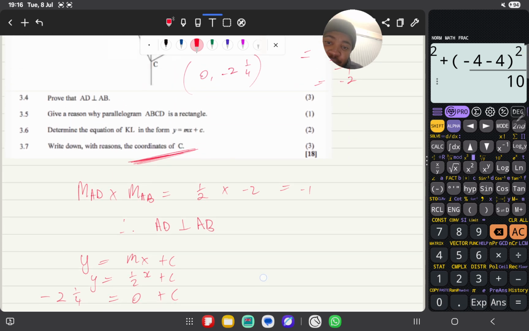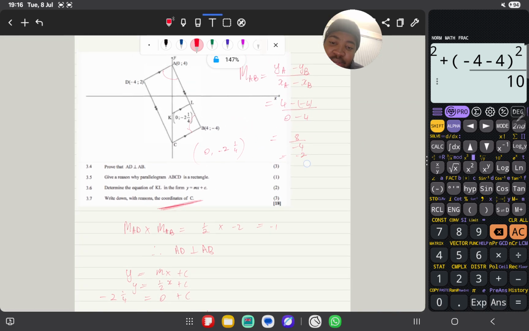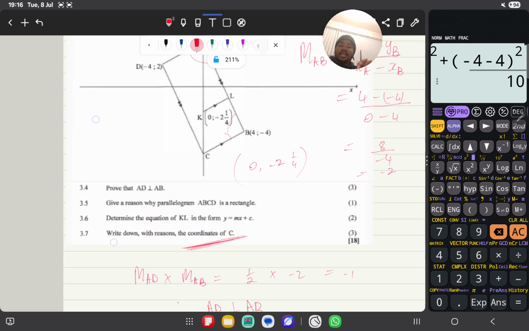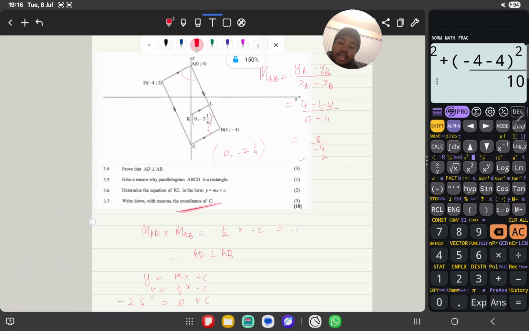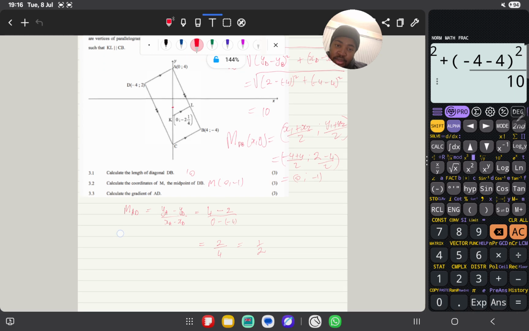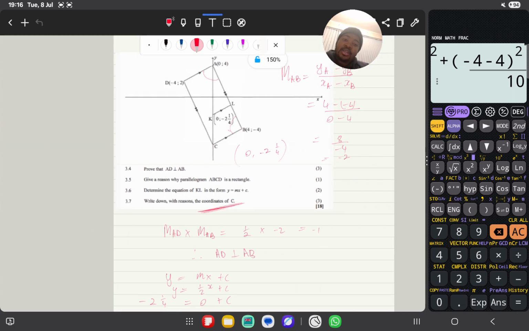After that, we get to the end that says write down with reasons the coordinates of C. Remember there was a question that asked us to find the midpoint of DB. We found that midpoint. Let me check. It was (0, -1).